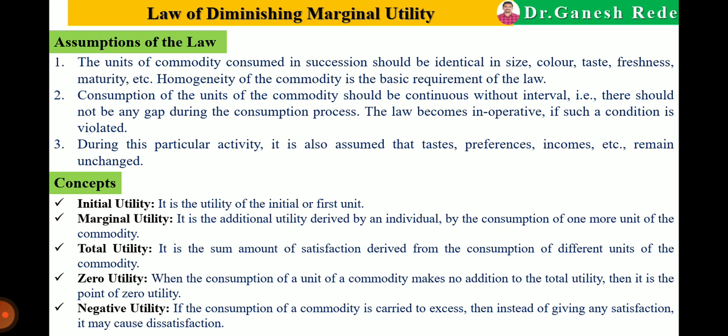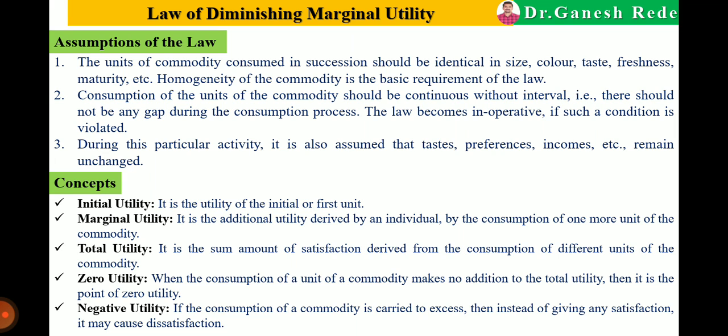There should not be a gap during the consumption process, otherwise the law becomes inoperative. If you take a gap, you can eat more and more. That's why the consumption process must be continuous, without any gap or interval.